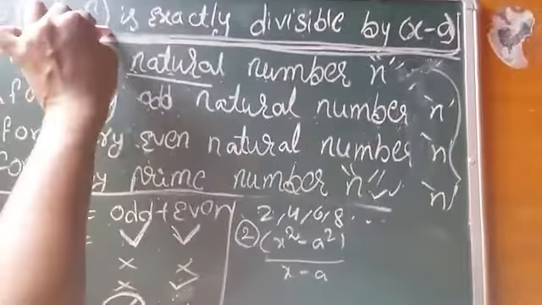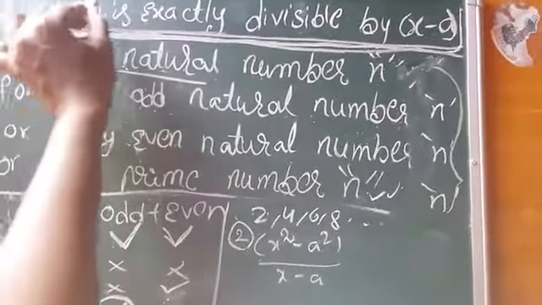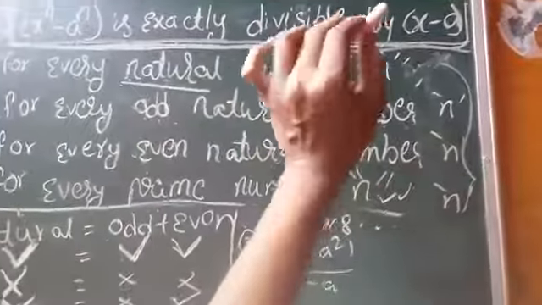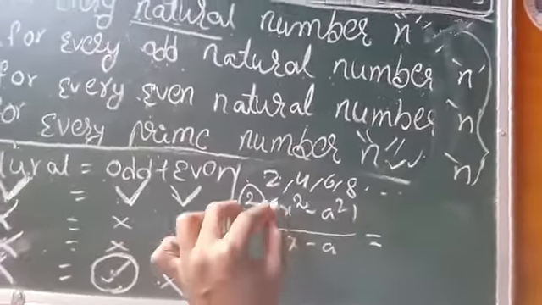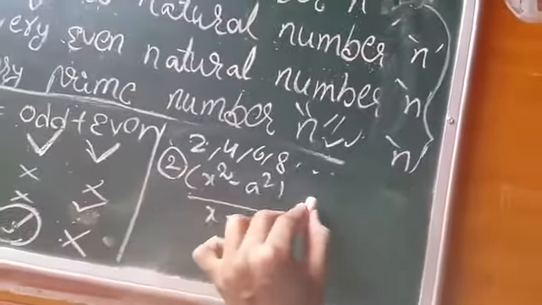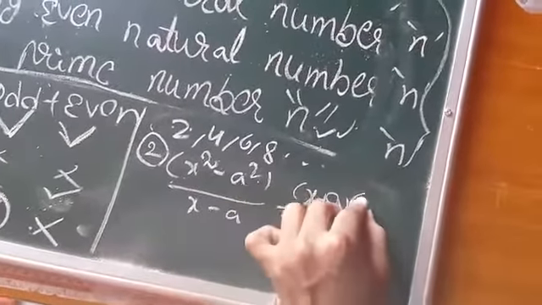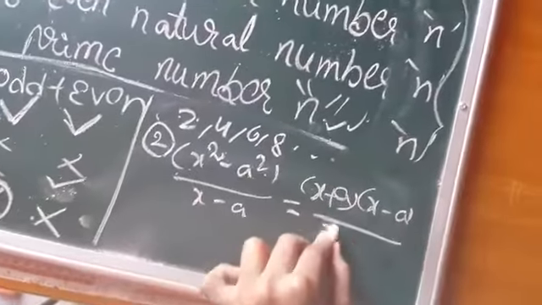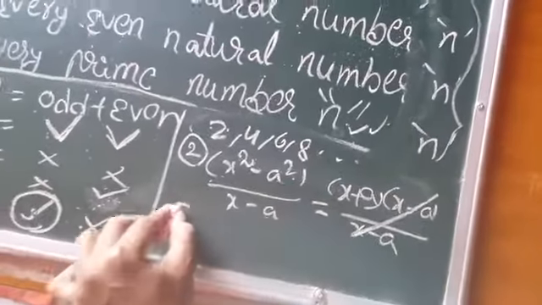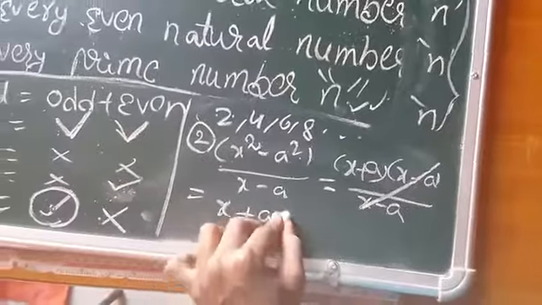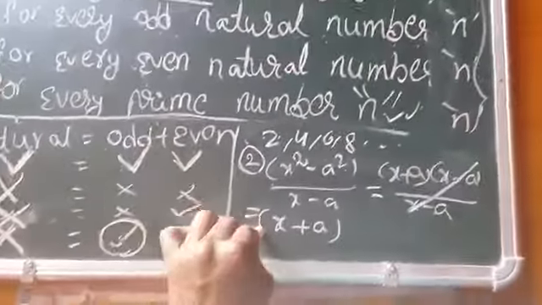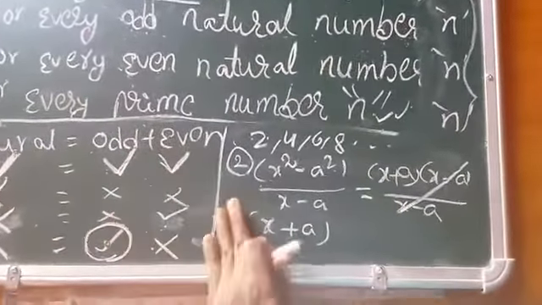If you substitute in the given statement, x power n minus a power n is exactly divisible by x minus a. To check this, we have taken that even number as 2. x square minus a square can be written as x plus a into x minus a divided by x minus a. Cancel these two, you will get the answer x plus a. That means option C is satisfied.